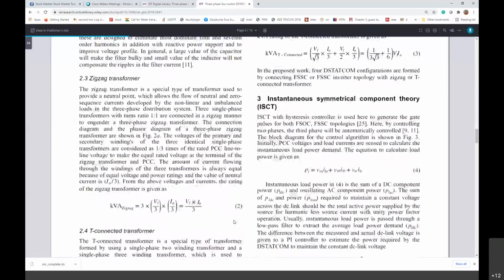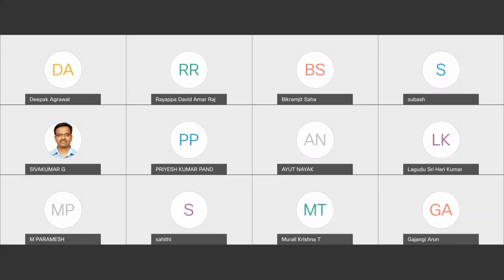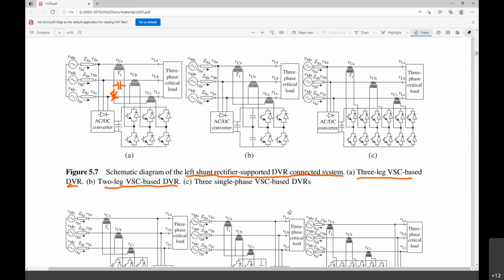But the limitation, especially for these particular topologies, is that they cannot work for unbalanced voltage sag conditions.